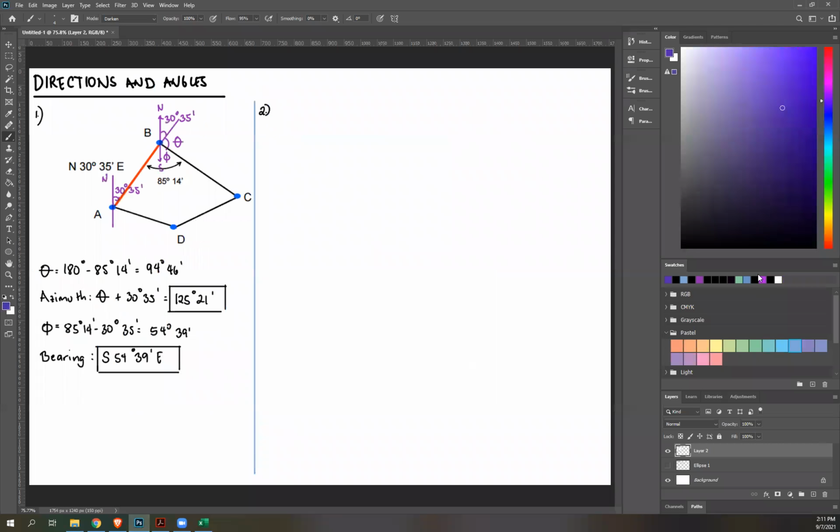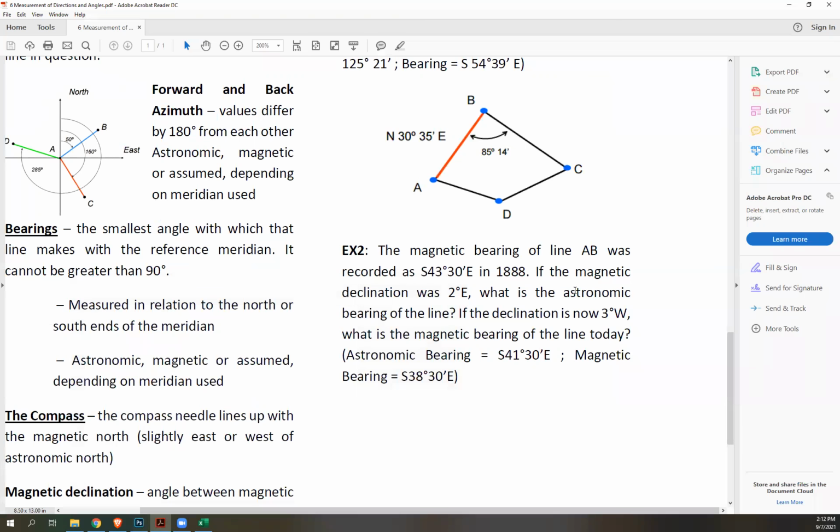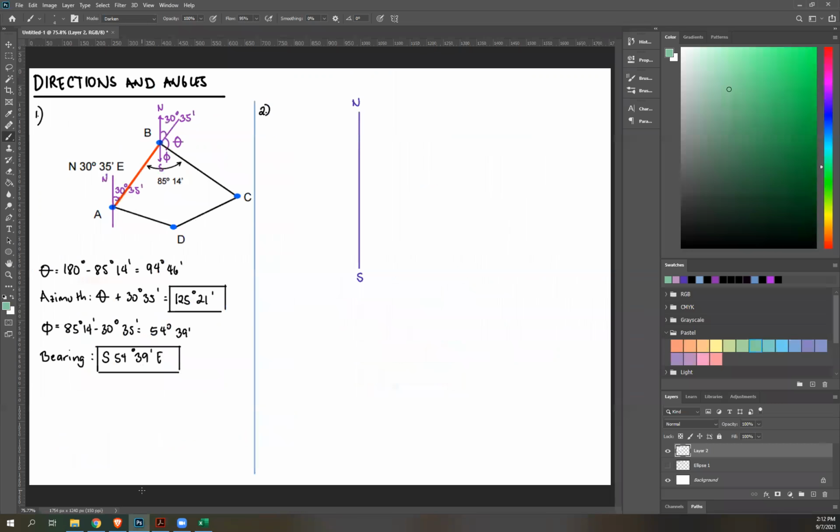So let's draw that. This would be my north and south. And then next, let's draw your magnetic meridian. To draw that, you're going to follow how it declines. Magnetic declination, 2 degrees east. So from the north line, we're going to go 2 degrees east, and that's this way.